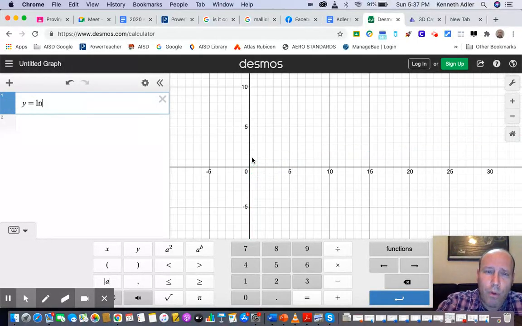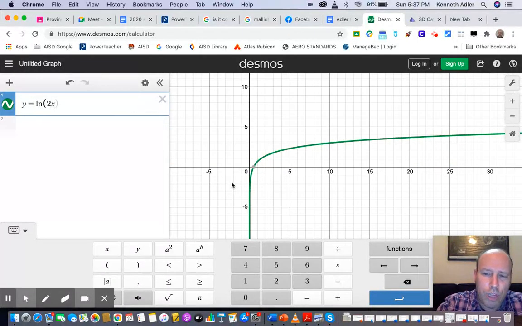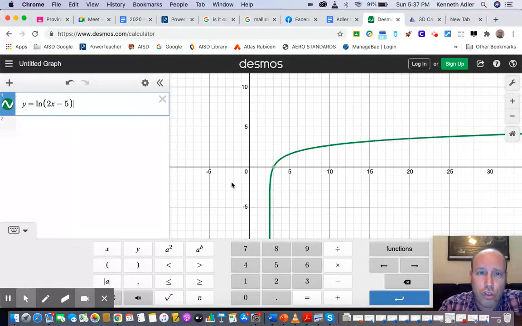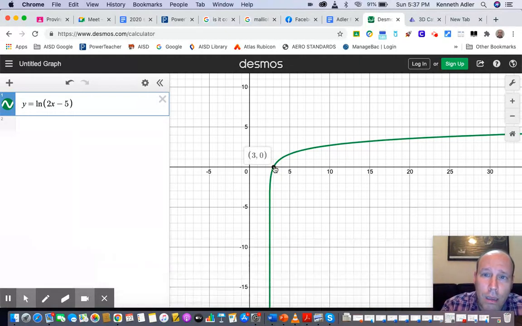So, for example, if I put 2x plus 5 minus 5, that expression has to be greater than 0. You can see this asymptote right here. That's 3. You can see that the asymptote here is 2.5, so it has to be greater than 2.5. So that's ln. What else?